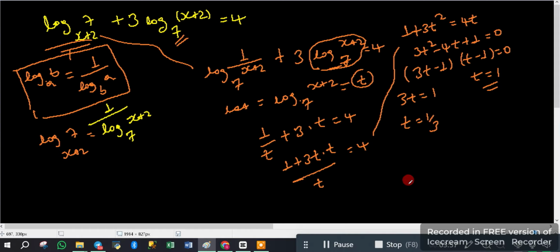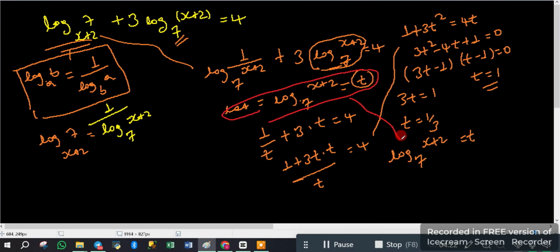Then after that, let us go here. First we said log x plus 2 base 7 is equal to t. Here we used this relation, so we have to use it here. So log x plus 2 base 7 is equal to the first t, which is 1 over 3.